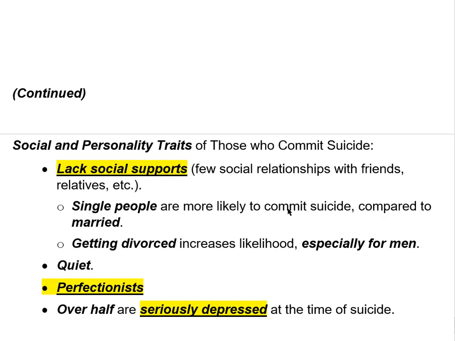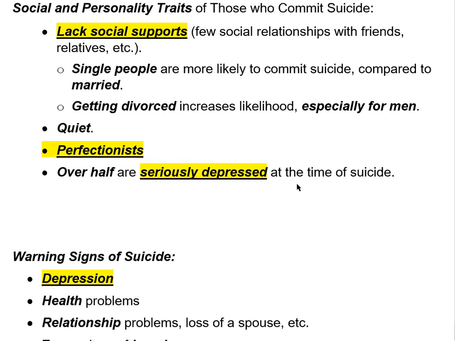Finally, our last social and personality trait of those that commit suicide: they tend to be seriously depressed. Over half are seriously depressed at the time of suicide, and that's why we're talking about suicide in this module within the context of depression. Now, one additional topic with respect to suicide: the warning signs of suicide.